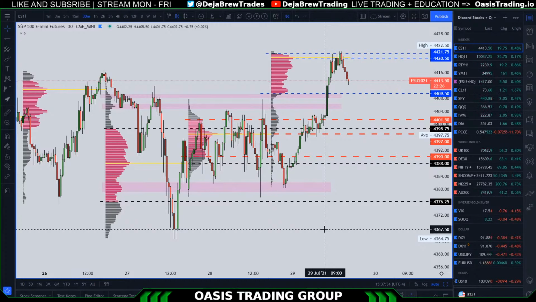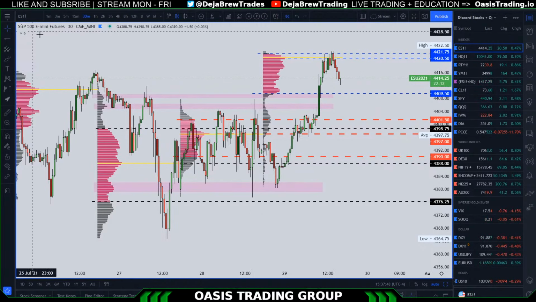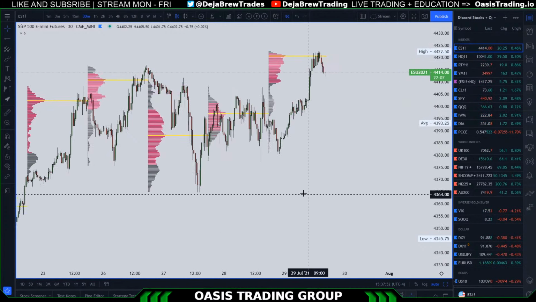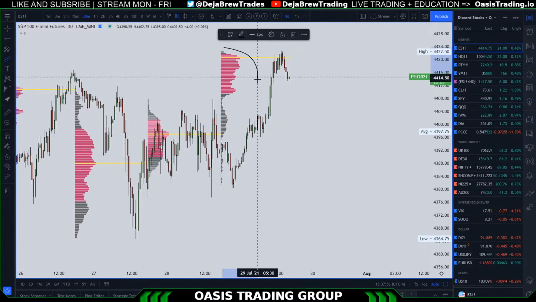Nas said, in a P-shaped profile with a small volume at the tail, is it possible for the price to come back down to it from the value area? Yes, it's possible for sure. So the kind of days that you'll see that, like today has a P-shaped profile.